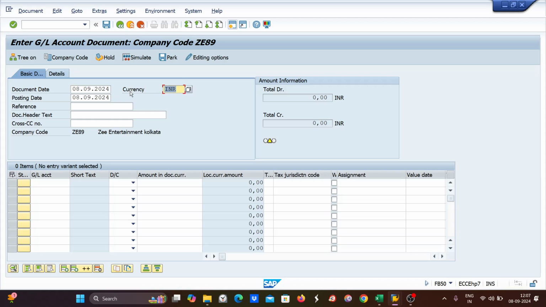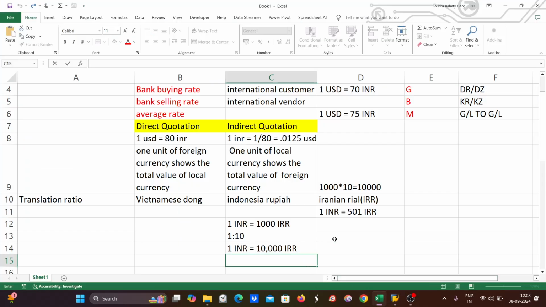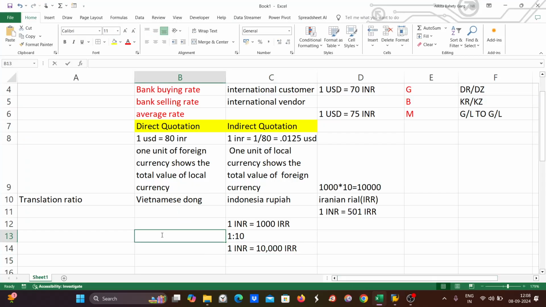Now it will be IRR, correct? 4,000 debit and 1,000 credit. Okay? The rate we have maintained as 10,000 IRR equals 1 INR.